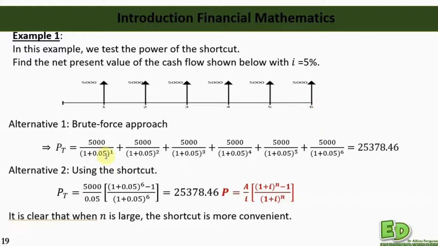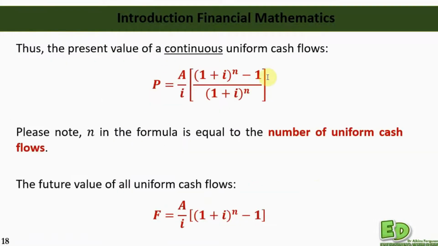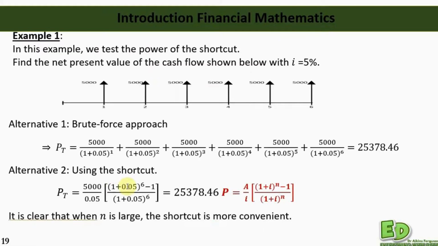We can also use the shortcut, the formula we just learned for the present value of a uniform cash flow. It says that it is your annuity, that equal amount, which is 5,000 every year. So the A represents the 5,000 you're having here. So 5,000 over the interest rate. Then we have 1 plus the interest rate raised to the power. How many years do you have to move from year 6 to year 0?